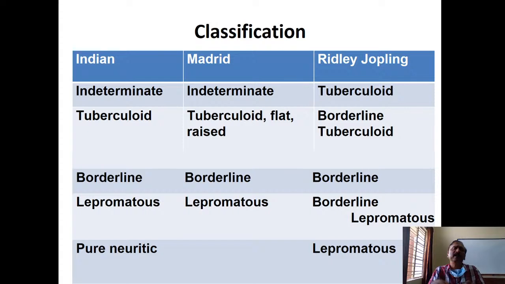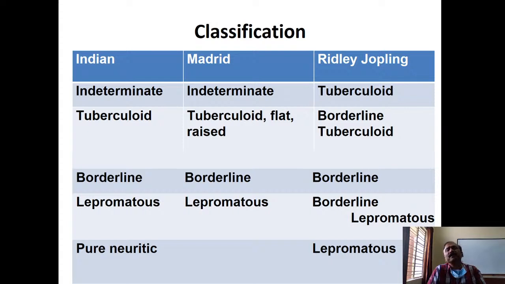There are three common ways of classification of leprosy. Two are international: the Madrid classification and the Ridley-Jopling classification, which I had learned during my undergraduate days also. Not much has changed in that. The Madrid classification classifies as indeterminate, tuberculoid, borderline, and lepromatous.